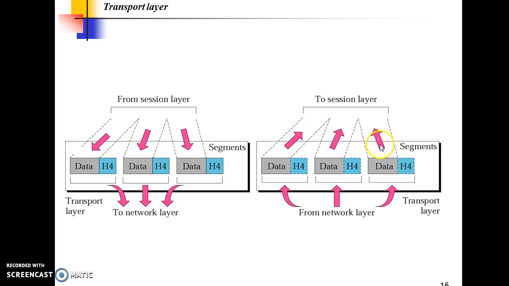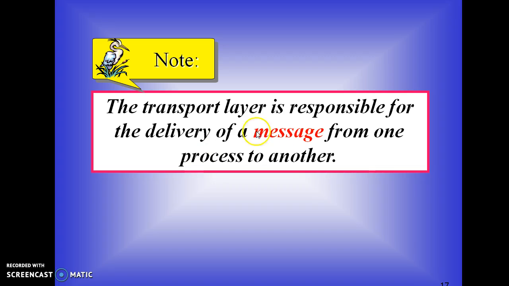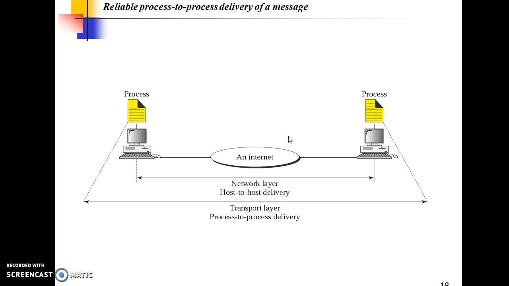Got it? The main function of this transport layer is to divide data, called segmentation, and to combine the data, called reassembly of data. So the transport layer is responsible for delivery of the message. It is also called a segment or message.